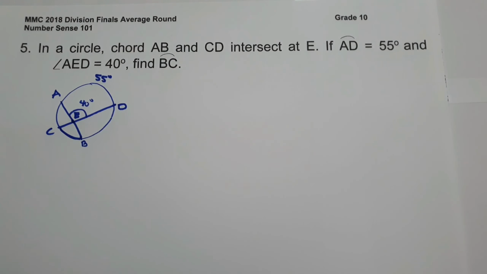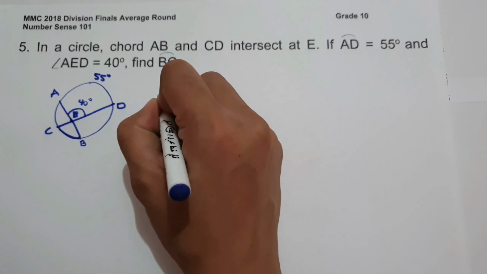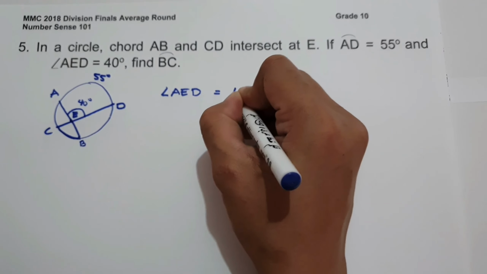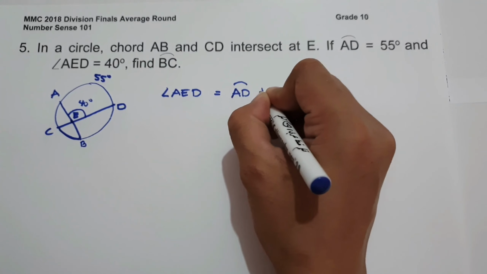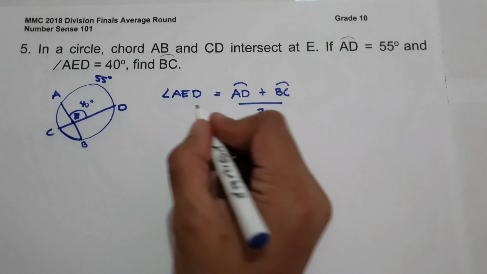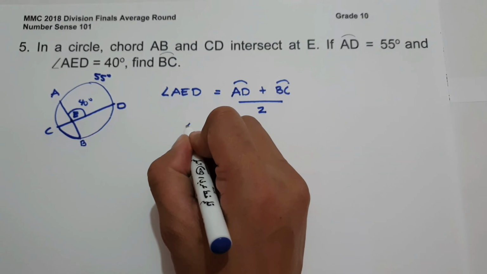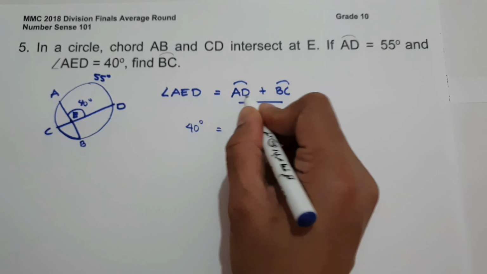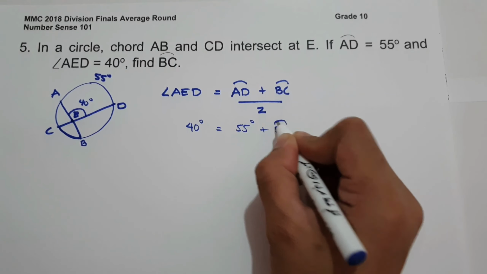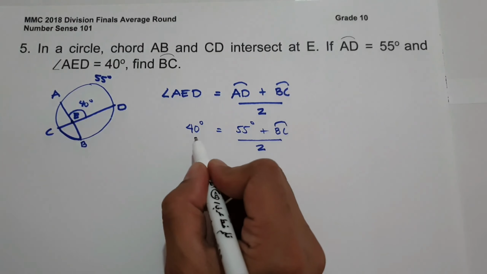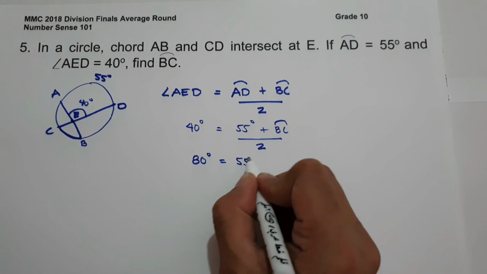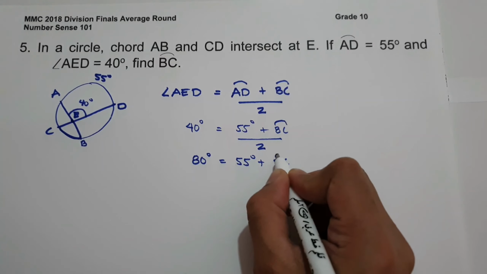So to find the measure of arc BC, let us have angle AED equals arc AD plus arc BC divided by 2. And then angle AED, that is 40 degrees, equals AD, that is 55 degrees, plus arc BC, divided by 2. 40 degrees multiplied by 2 is 80 degrees, equals 55 degrees plus arc BC.